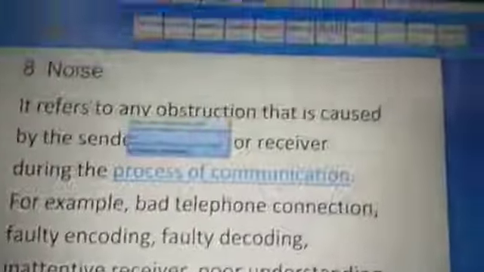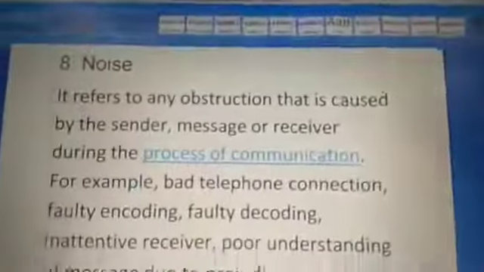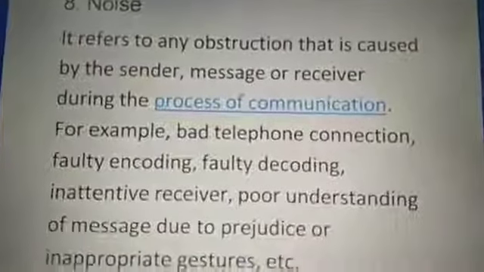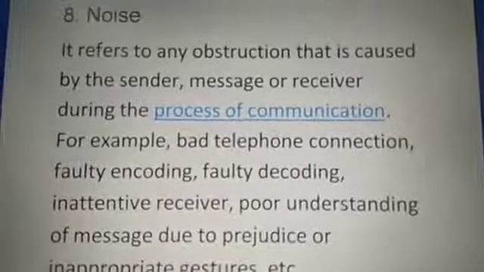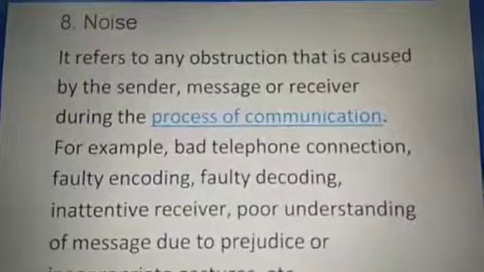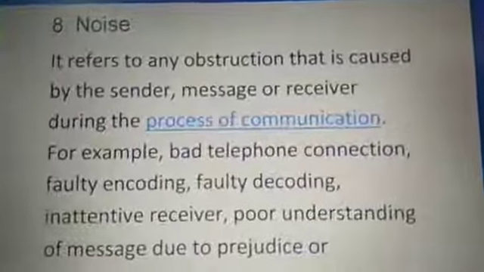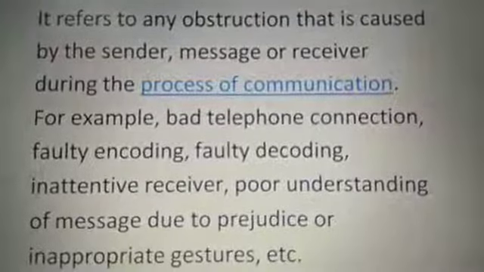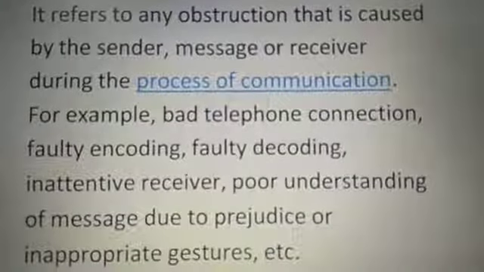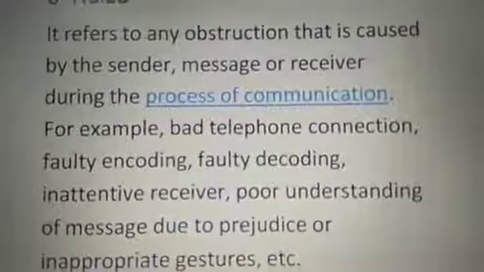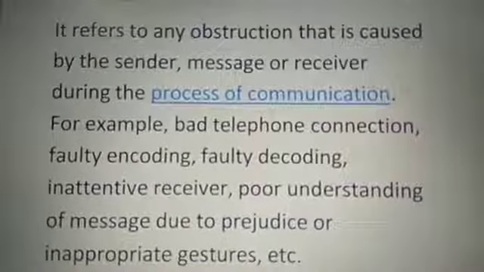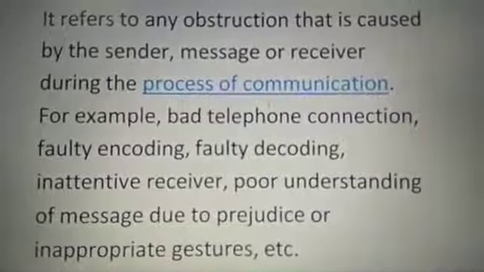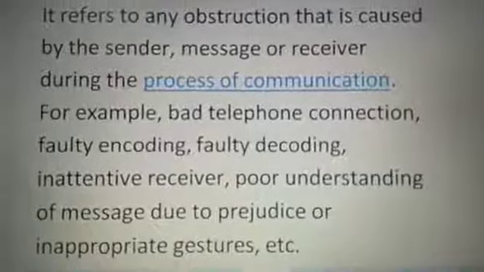And then noise. It refers to any obstruction that is caused by the sender, message or receiver during the process of communication. For example, bad telephone connection, faulty encoding, faulty decoding, inattentive receiver, poor understanding of message due to prejudice or inappropriate gestures, etc. Obviously, when the telephone is not functioning properly, it might create noise.